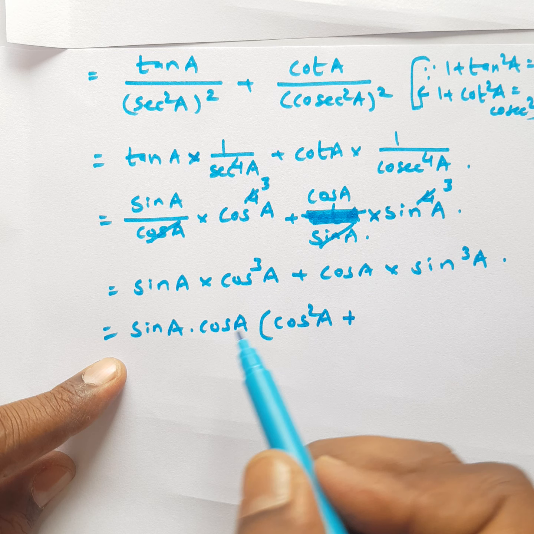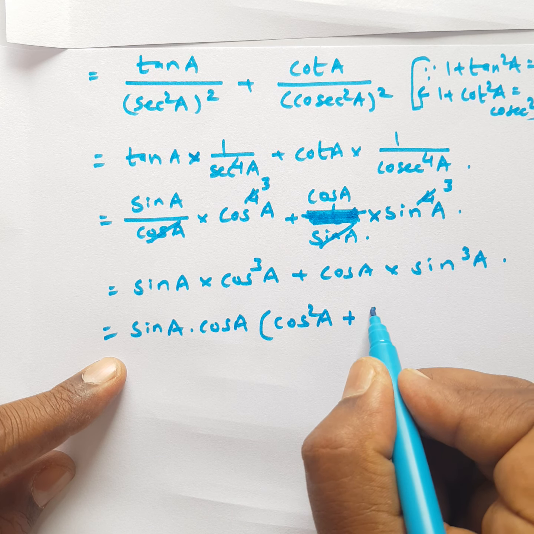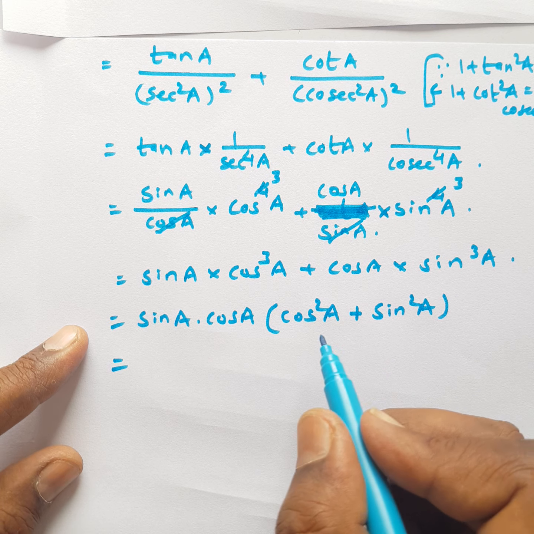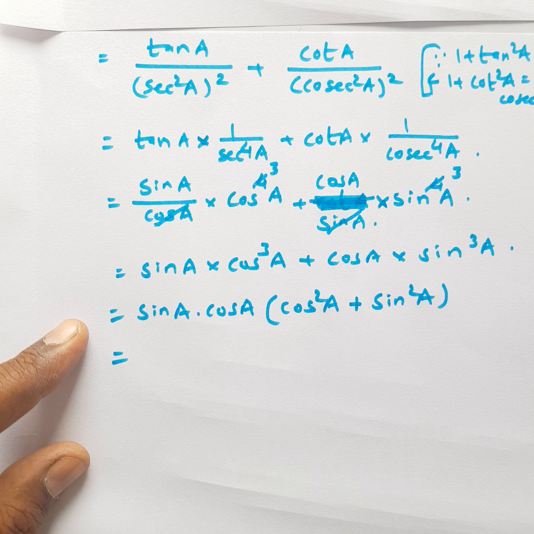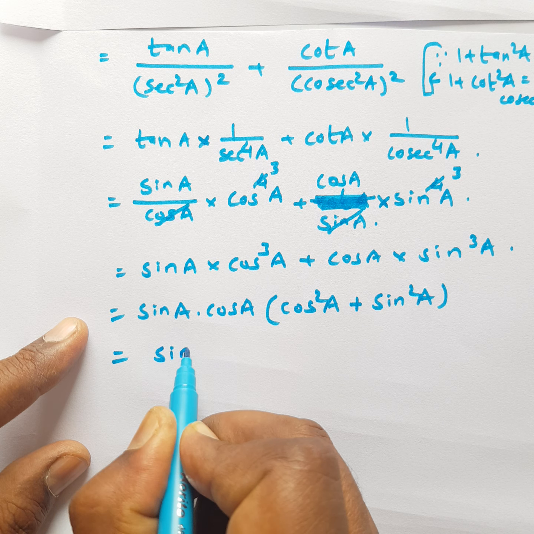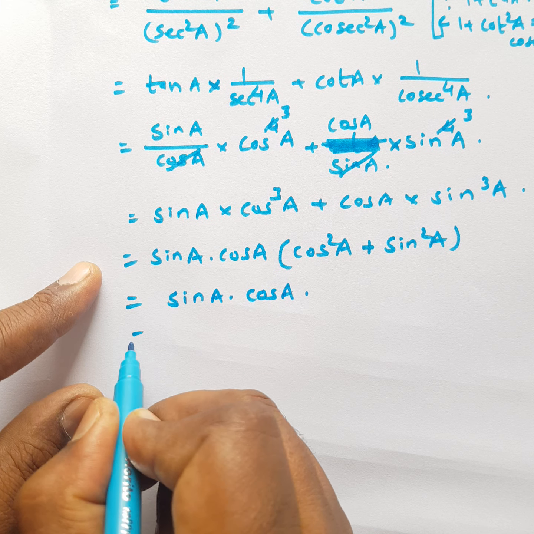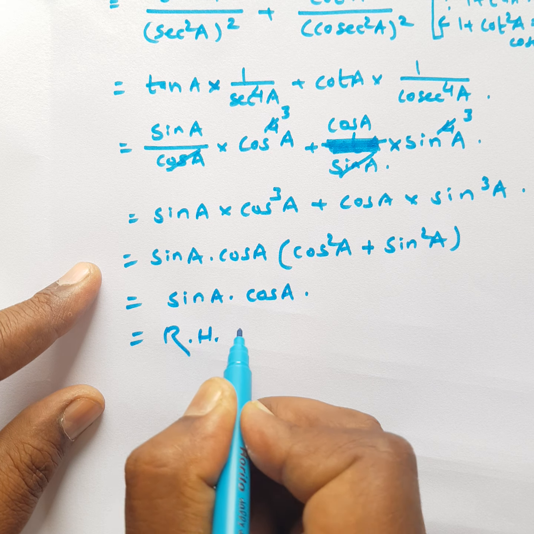Now cos A common and sin A common, therefore the second term will be sin square A, means it is sin square A plus cos square A, which is equal to 1. 1 into sin A into cos A, that is sin A into cos A, and it is the right hand side.